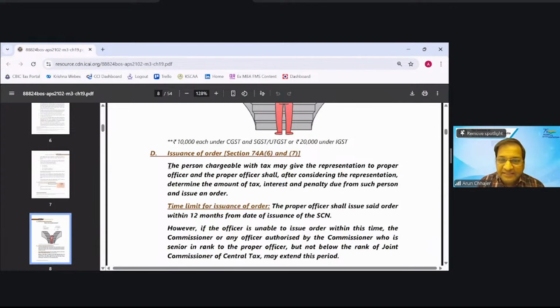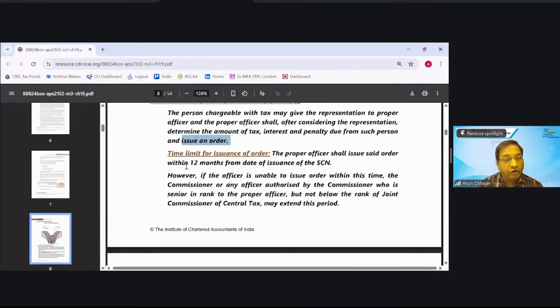Now, the person chargeable with the tax may give the representation to the proper officer, and the proper officer shall, after considering the representation, determine the amount of the tax, interest, and penalty due from such person and issue an order. Time limit for order is 12 months from the date of the show-cause notice.